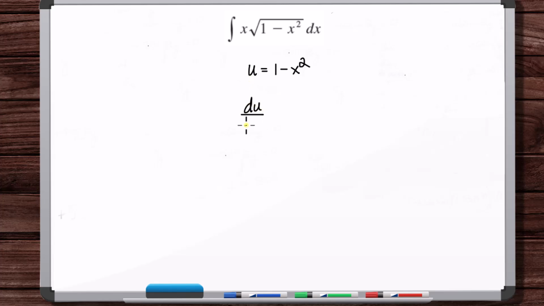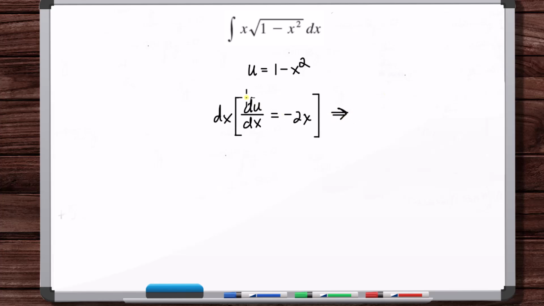To do that, we say du dx is what? So what's the derivative of 1 minus x squared? It's minus 2x. Okay, so now we're dealing with differentials here. We talked about this in the previous video. We can think about the idea of multiplying both sides of the equation by a differential.